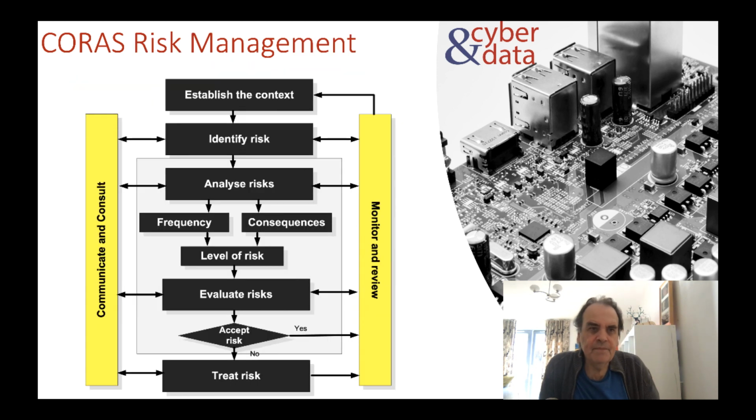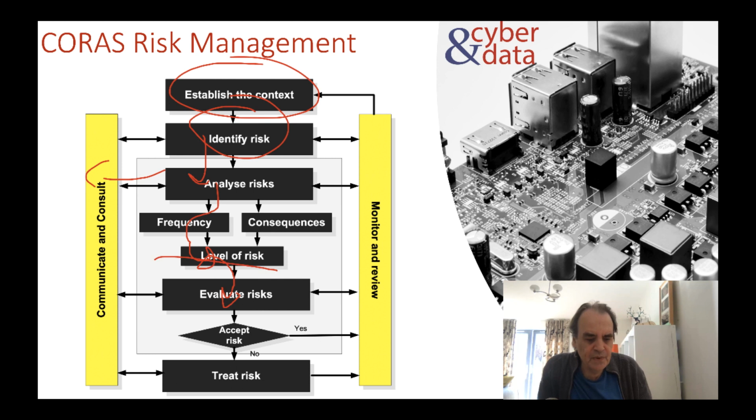shared way. The CORAS risk management system defines this, that we will establish a context for the risk, identify it clearly, then we will analyse all the different scenarios with it, we might communicate and consult, and then we'll look at the frequency of it, the level of risk involved, and then eventually we will evaluate the risk.